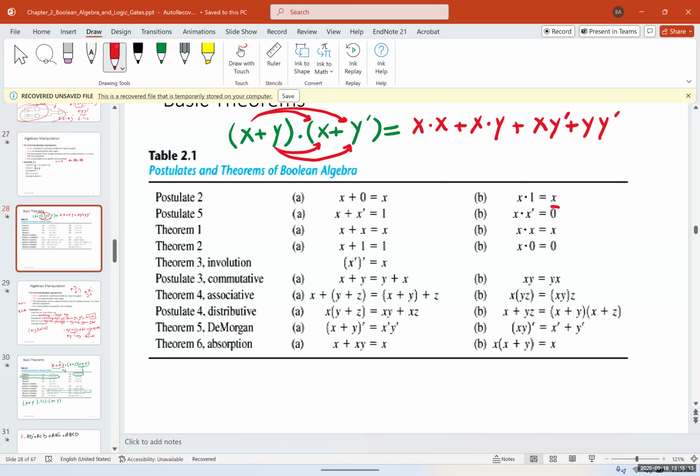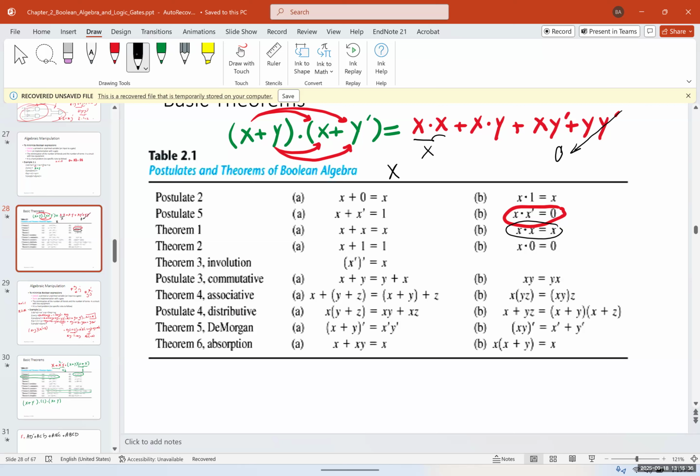What is y prime equal to? 0. So this is going to be equal to 0. What is x equal to? This is equal to x. Yes. So I can write it like this as well.